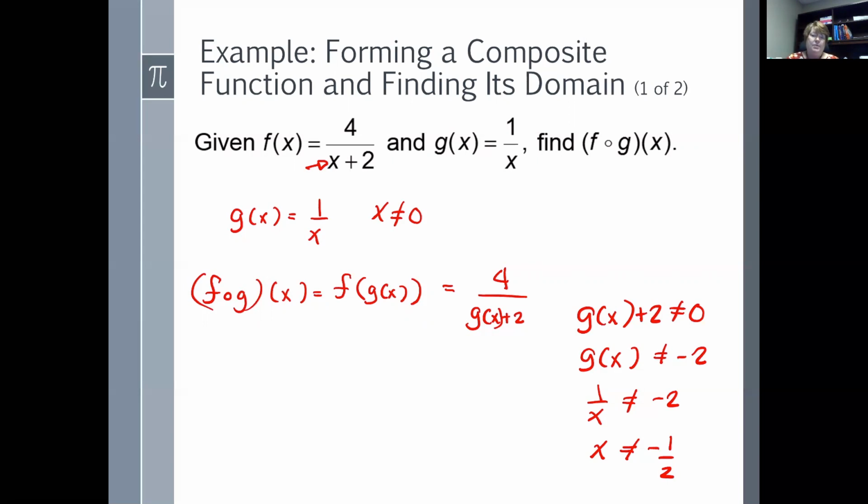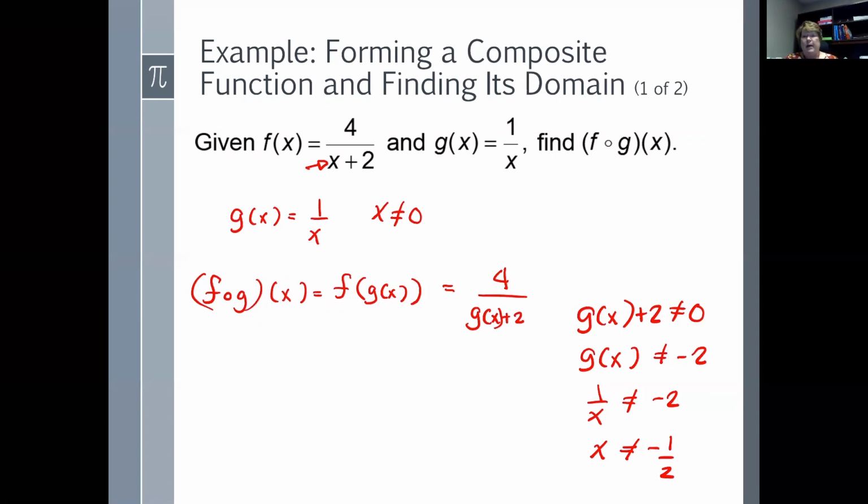So if there's any restrictions on g, then it's going to be a restriction on the composite function. And g of x equals 1 over x, x cannot equal 0. If x is equal to 0, then I have 0 in the denominator of the fraction. That's undefined. So the restriction on g is x cannot equal 0. So that will be a restriction on my composite function.